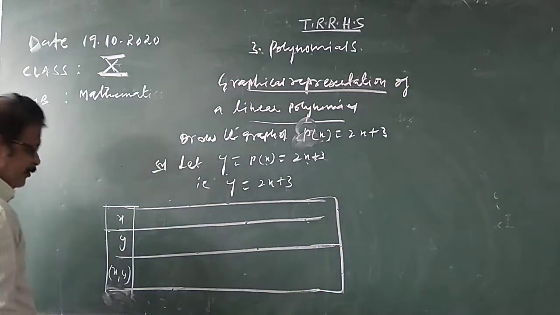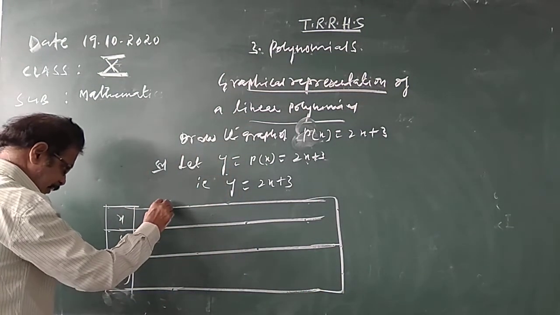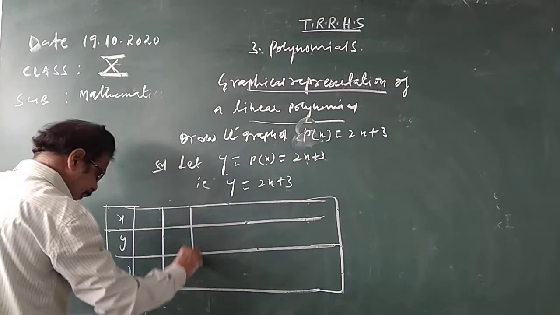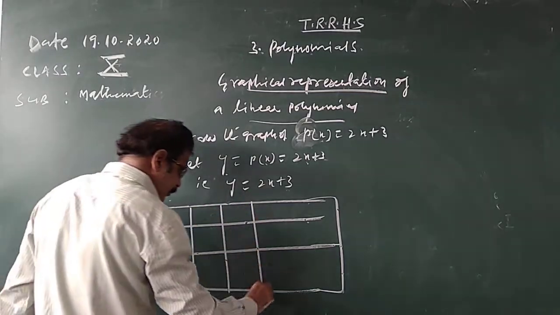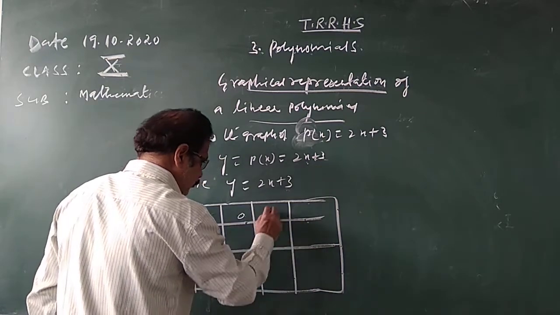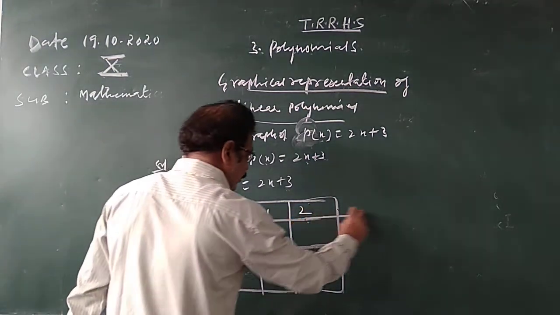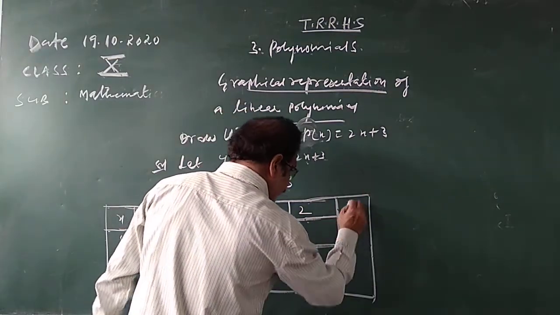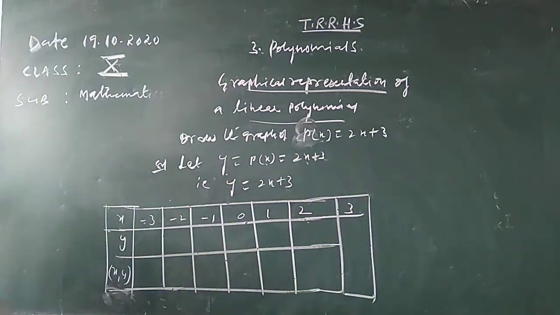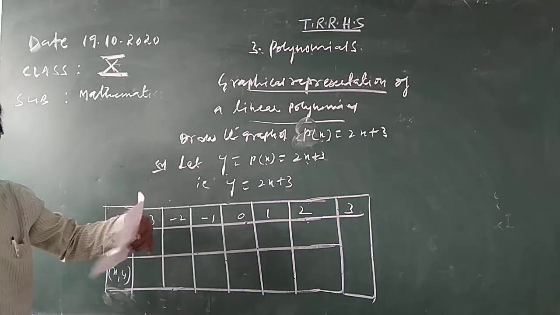So I take x as minus 3, minus 2, minus 1, 0, 1, 2, and plus 3 also. 3 positive values, 3 negative values. You take x values. x is the independent value.